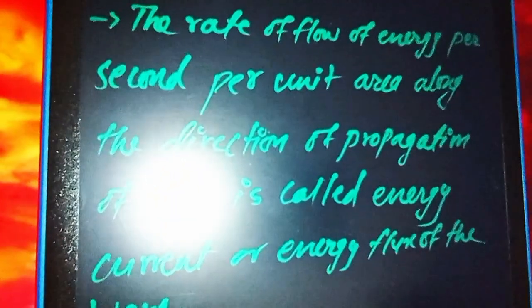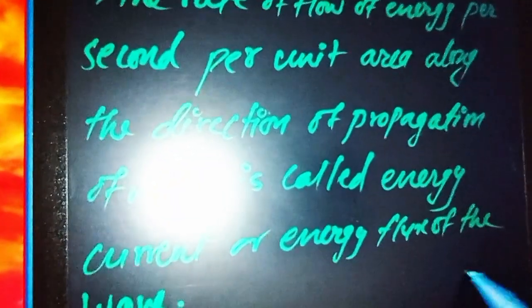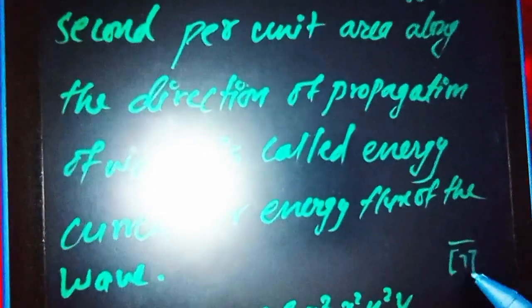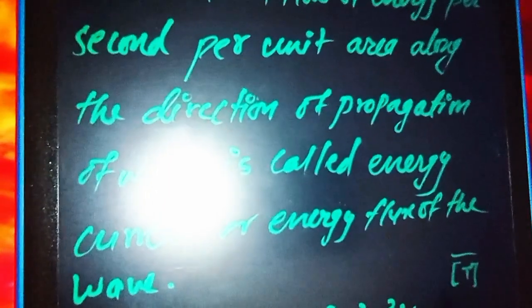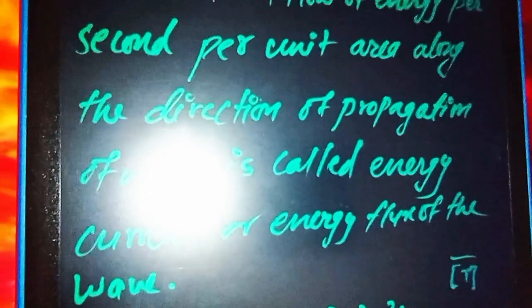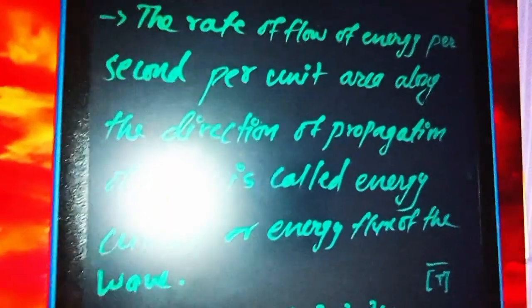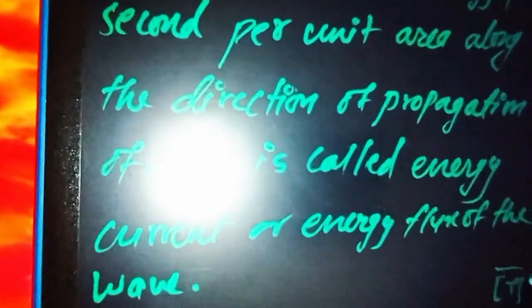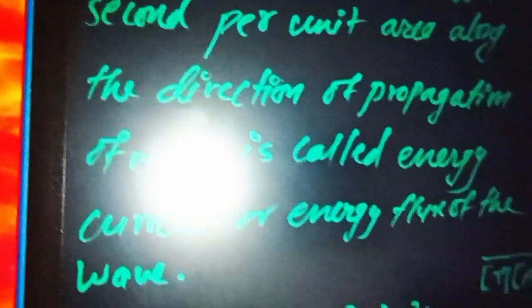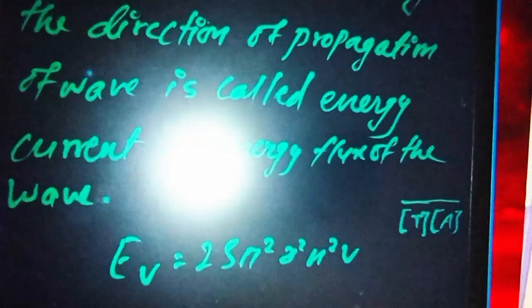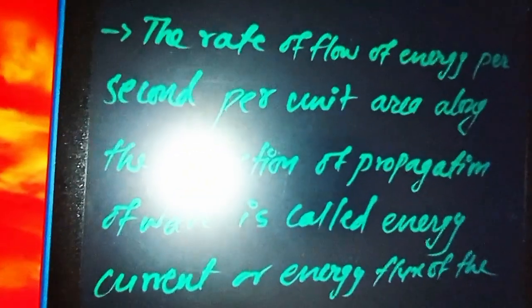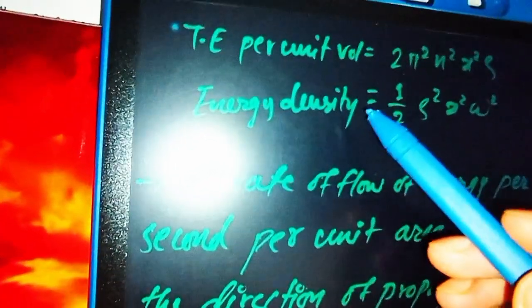Per second means 1 upon t, and per unit area means 1 upon A. Remember this only talks about energy, and this energy is energy density, energy upon volume.